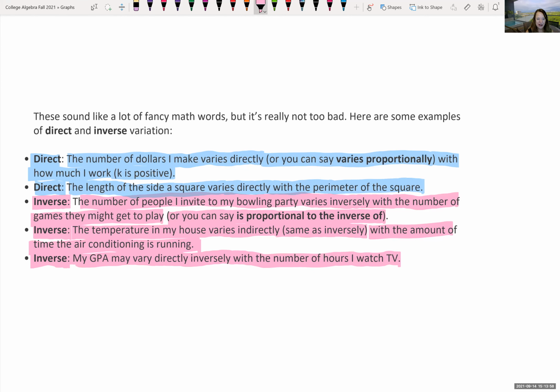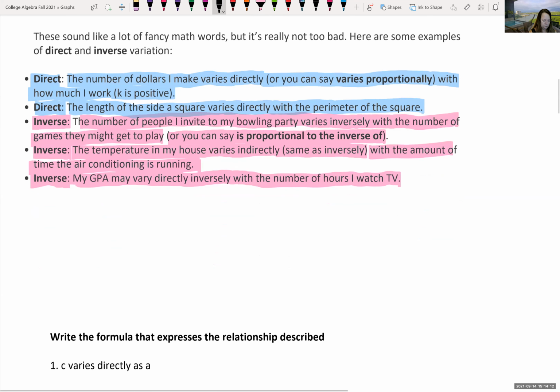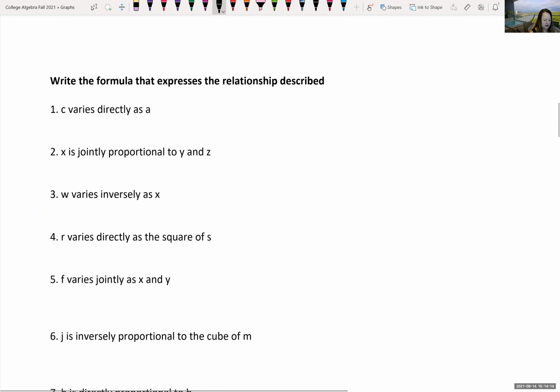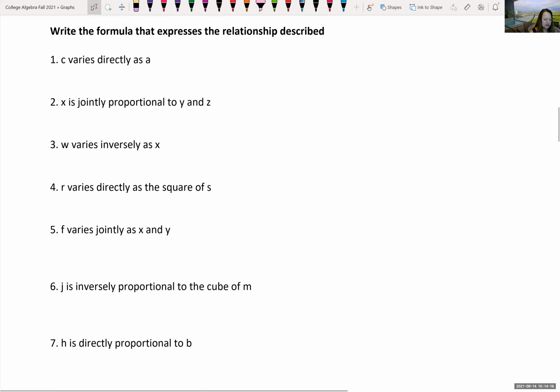Okay, so let's look at a few easy situations where all we're doing is going in and writing the formula out. So we're not even solving anything. We're just figuring out what the formula is going to be. We have some problems in front of us.